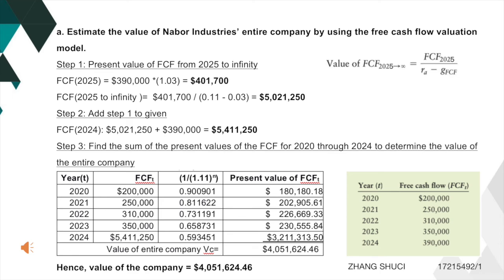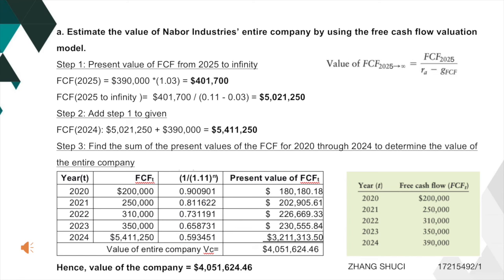How do we calculate them? We use the formula 1 divided by the nth power of 1.11. For 2020 we get 0.90, 2021 is 0.81, 2022 is 0.73, 2023 is 0.66, and 2024 is 0.59.